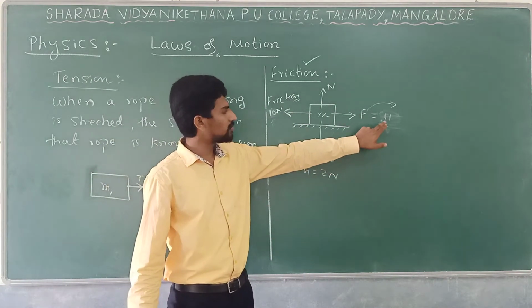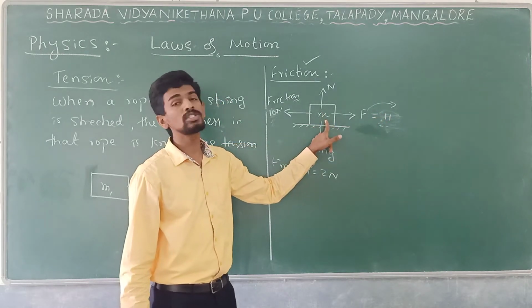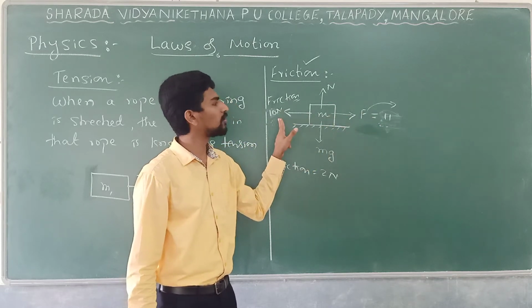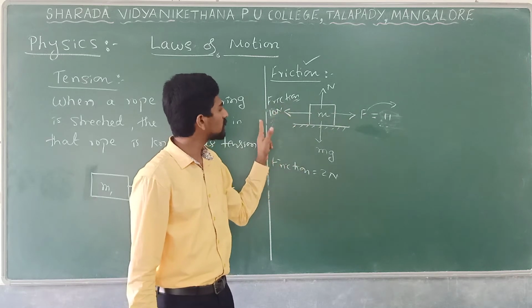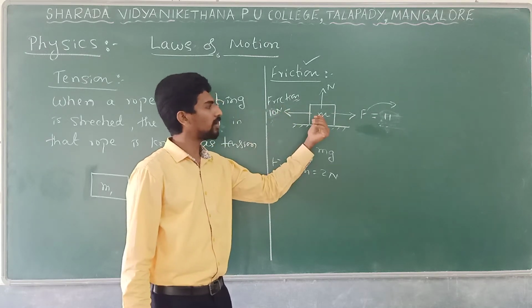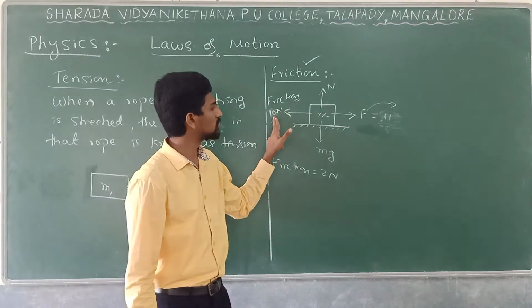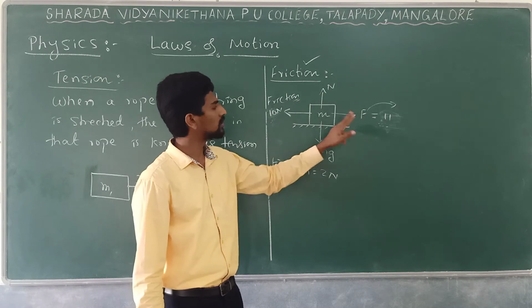So, start again from 0. If the applied force is 0, the mass m is not moving, so what is the frictional force? It is 0, because if a frictional force were there in this direction, m would have to move in this direction. Correct? If the applied force is 0, friction is also 0. If it is 1, friction is 1. If 2, then 2. If 3, then 3.